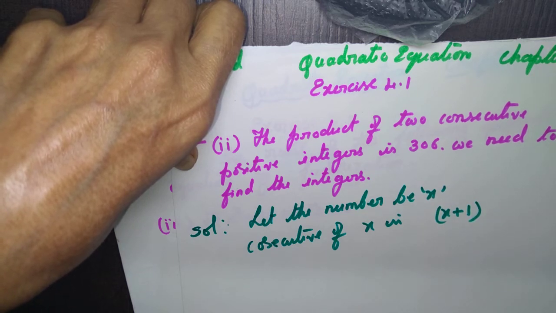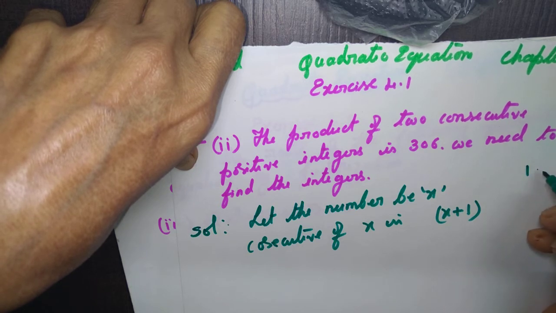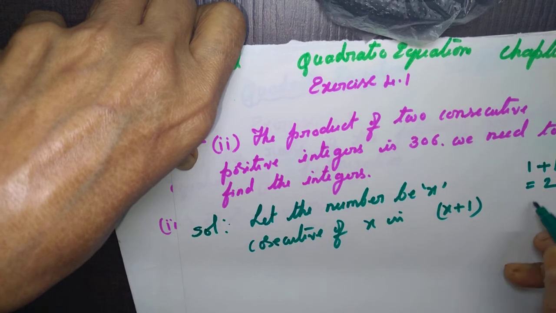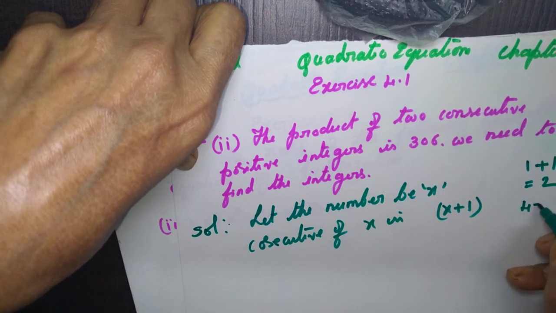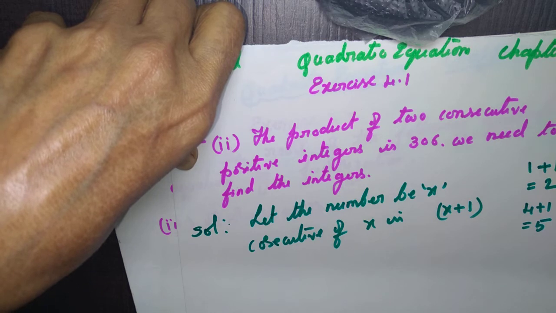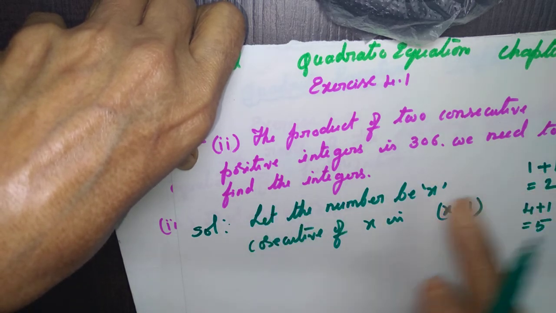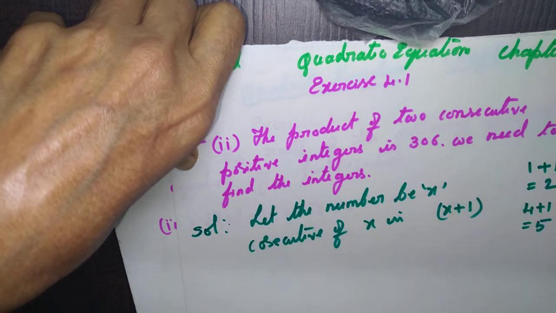If you add 1 to 1, it becomes 2. Consecutive of 4: if you add 1 to 4, it will become 5. Consecutive means next number. And product means you have to multiply these two numbers.